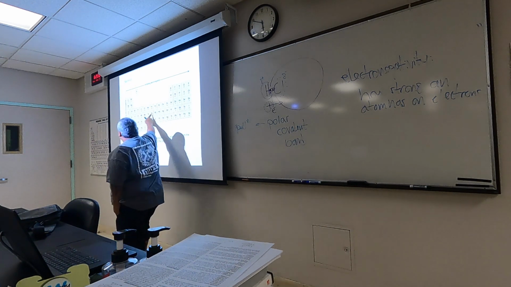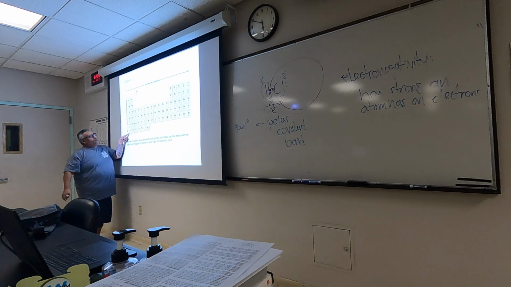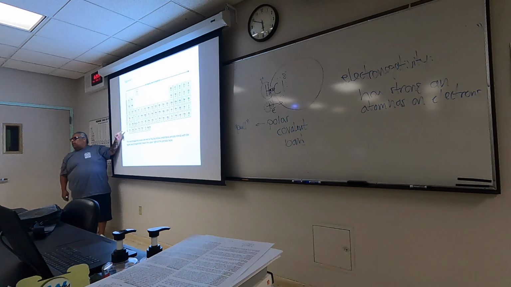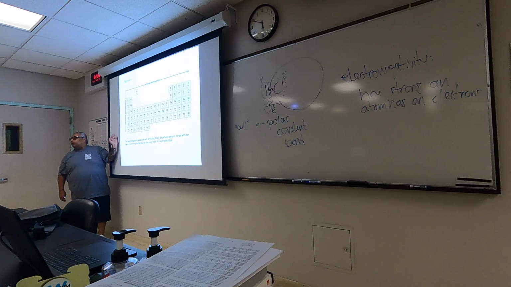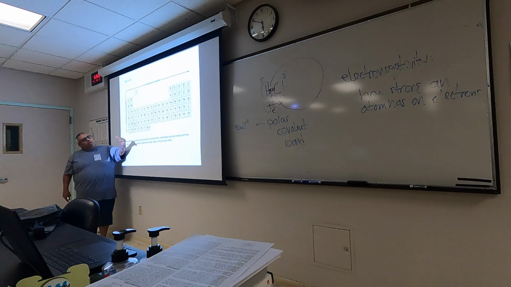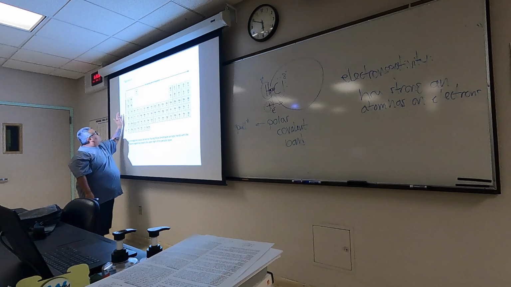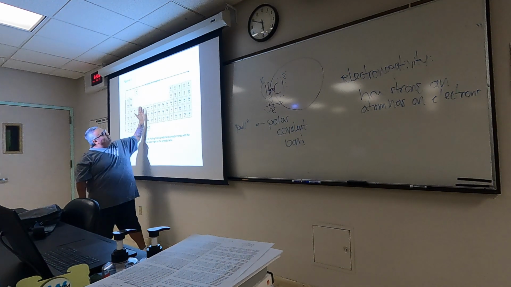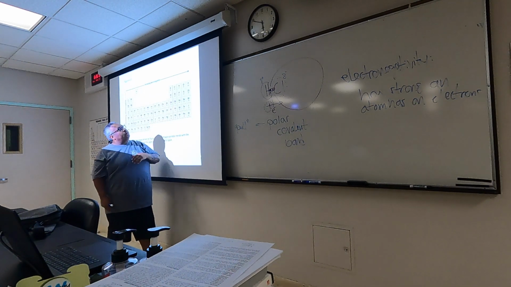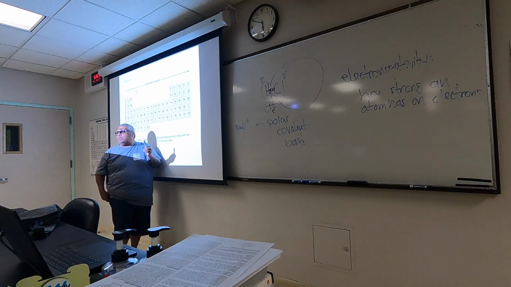Now that pull gets weaker as we go down the periodic table and across over to the left. The electronegativity is weaker. So it is weaker going this way. Our electronegativity increases the closer we get to fluorine. But also notice this.